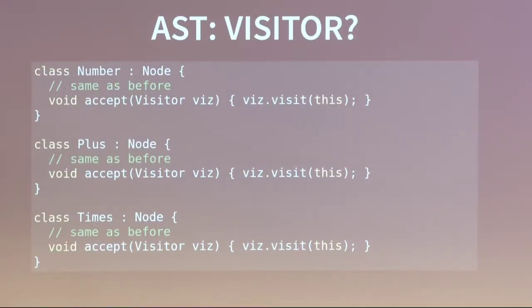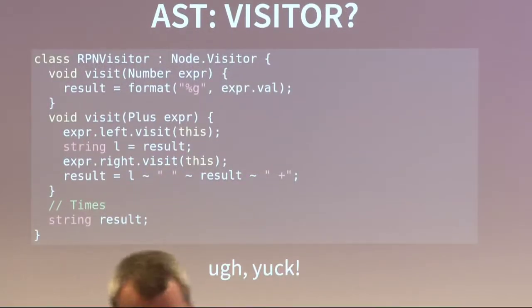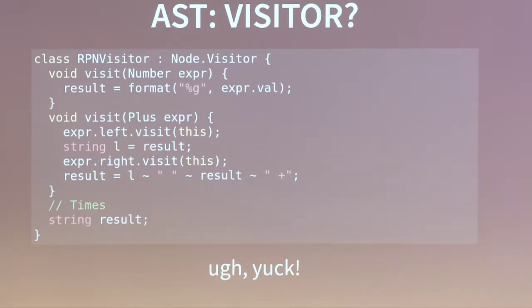In the Node subclasses, you add overrides for accept. Okay. Here we go. And then you derive a class from the interface, and you override each of the visit functions and do what's appropriate.